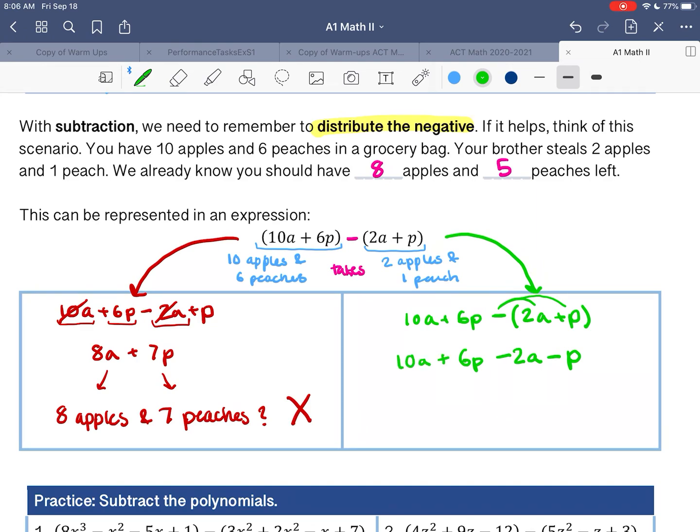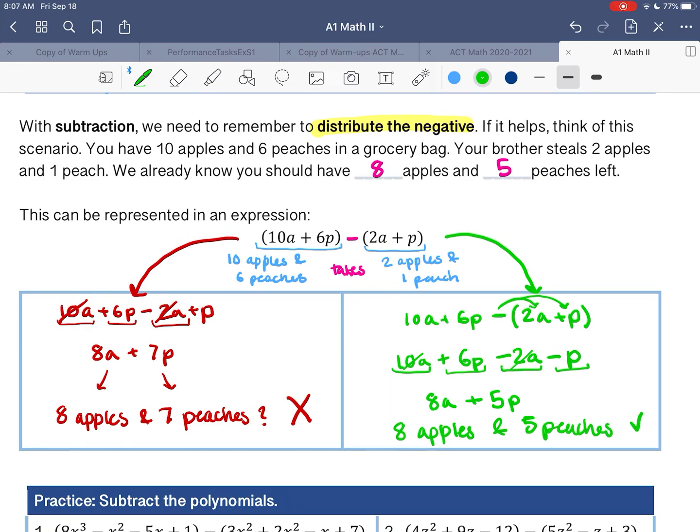So we end up with 10a plus 6p minus 2a minus p because that negative got distributed in both of those terms. And now when we combine like terms, we end up with 8 apples again, and then 6p minus p, which gives us the 5p that we needed, the 5 peaches. This reads 8 apples and 5 peaches.